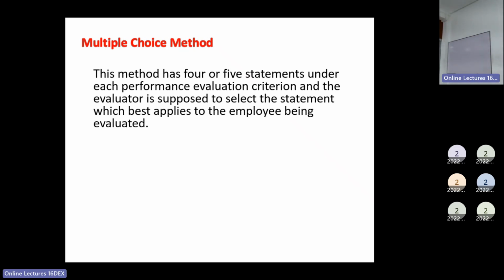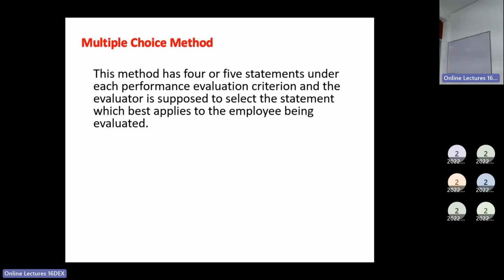Some values will be given. For example, one of the criteria to be considered is attendance. With regard to attendance, the evaluator is given several statements. For each statement, some values will be allocated.